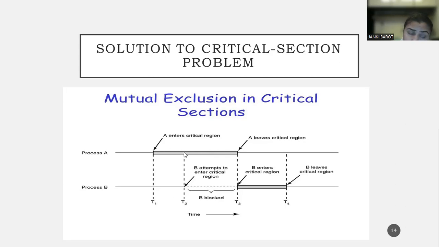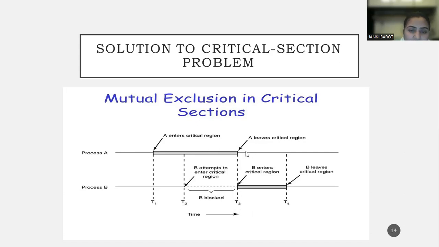But A is already in the critical region. B attempts to enter the critical region, but B will be blocked. It needs to wait for process A's execution time. Let's say process A will be executed till T3.